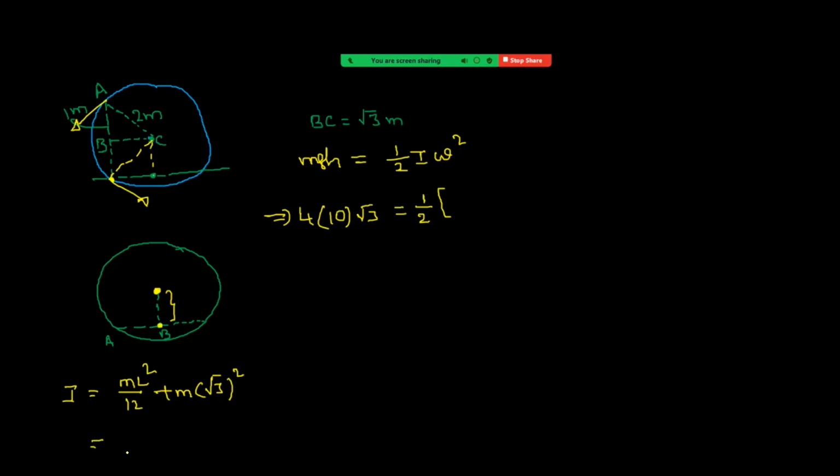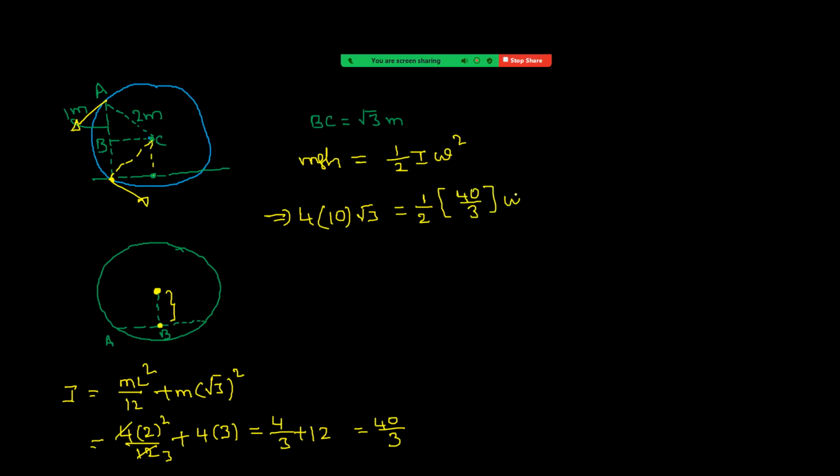See, once answer how much? Mass 4 kg, L square, that is 2 square upon 12, plus mass 4 times 3. This is 4 by 3 plus 12. 12, 36, 36 plus 4 is 40. 40 by 3. Okay. So the I value is 40 upon 3.